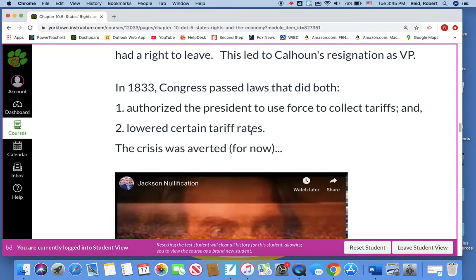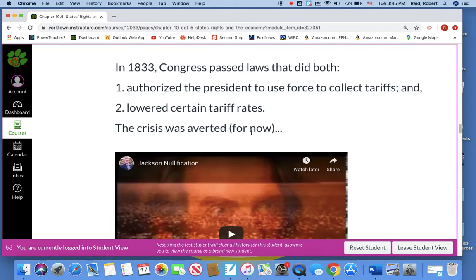It says 1833, Congress passed laws that also authorized the president to use force to collect tariffs by actually sending in the military to states to collect tariffs that they refused to pay. But knowing that many states were thinking about seceding, many states were thinking about leaving, it allowed the government to also lower certain tariff rates to kind of cool people down.